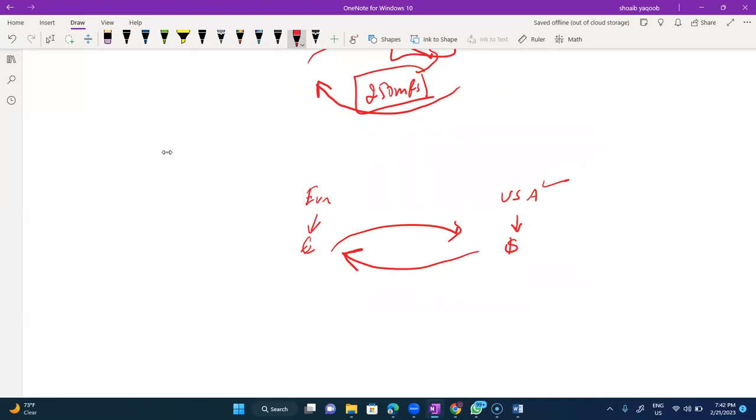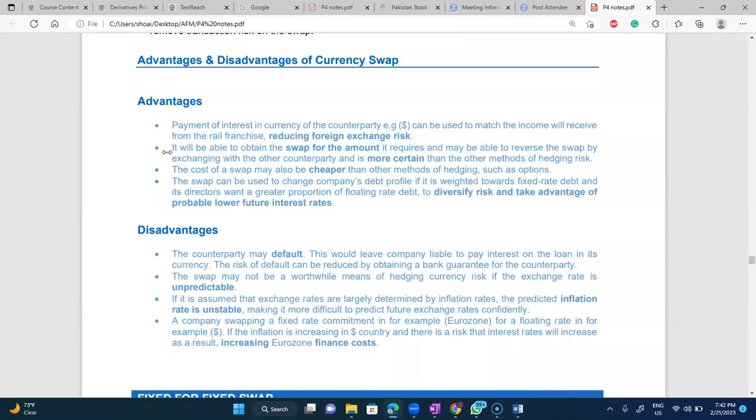What if a future exchange rate results in an increase in euro interest rates? So the US company, which changes its exposure into euro, has to pay the higher interest rate in the euro. That may be the case. So you need to remember the advantage and disadvantage of currency swaps.